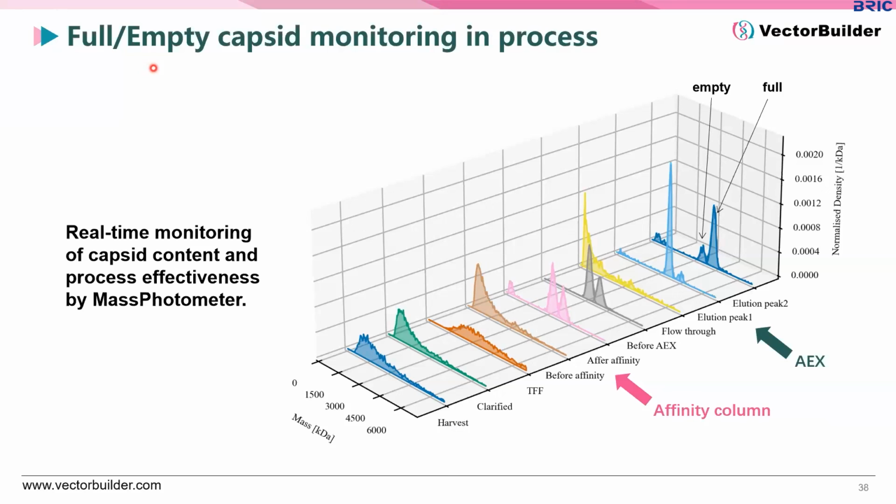As you can see, after the affinity column, we can obviously see that all the impurities have been significantly reduced already. And then after anion exchange, we have successfully separated a portion of AAV that has a much higher full capsid ratio than empty capsids.